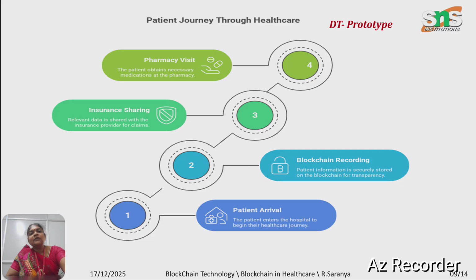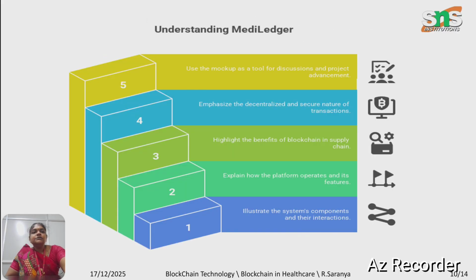If he wants to claim insurance, the insurance sharing is initialized, the data is shared with the insurance, and automatic smart contract execution is initiated. Once everything is over, the pharmacy visit takes place, the patient obtains the necessary medicine and leaves the hospital. These are the simple steps followed by a patient when blockchain is implemented in healthcare. Using MediLedger, we have a tool where all the above steps are automated.